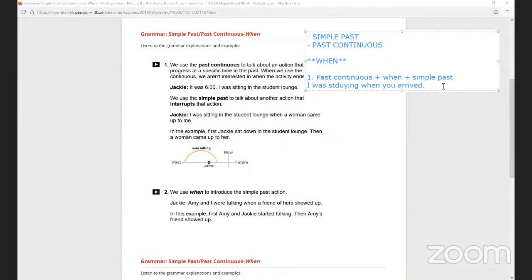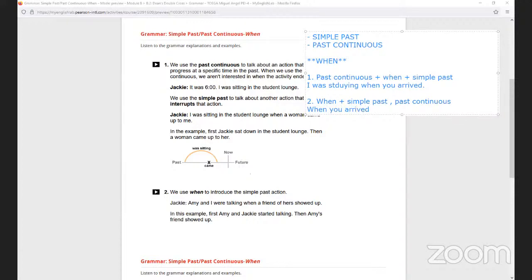So here, the other structure that we have is, if I want to use my connector at the beginning, I use when. After, I will use my simple past. So first, the action that interrupts, and after the past continuous. Okay. For example, the same as here. When you arrived, what happened?